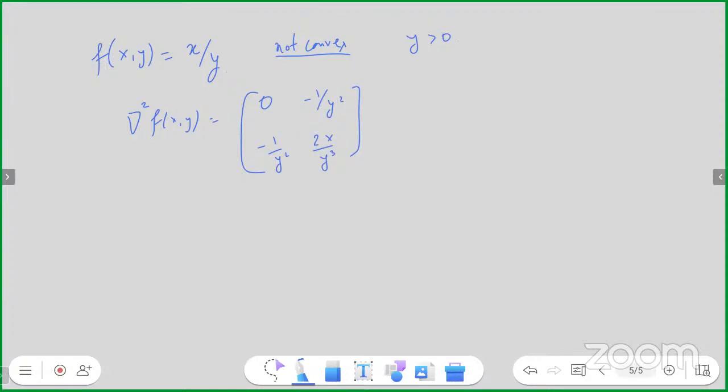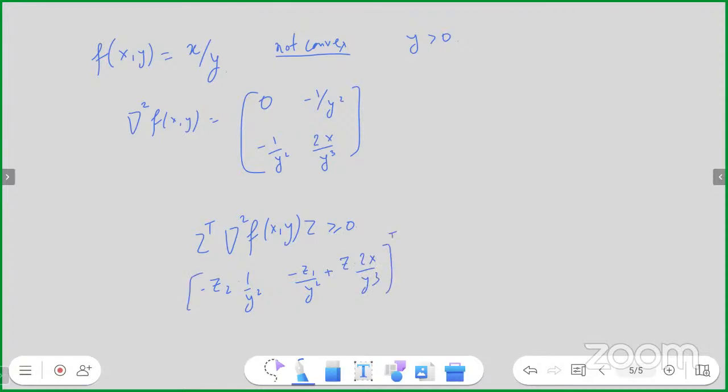So what's the only way to check whether z transpose del square f of x y z is greater than or equal to 0? Okay. So let's take z1, z2. Hoping I'll not make a mistake. z2 times minus 1 by y square, and what else do I get? Minus z1 by y square plus z2 times 2x over y cube.